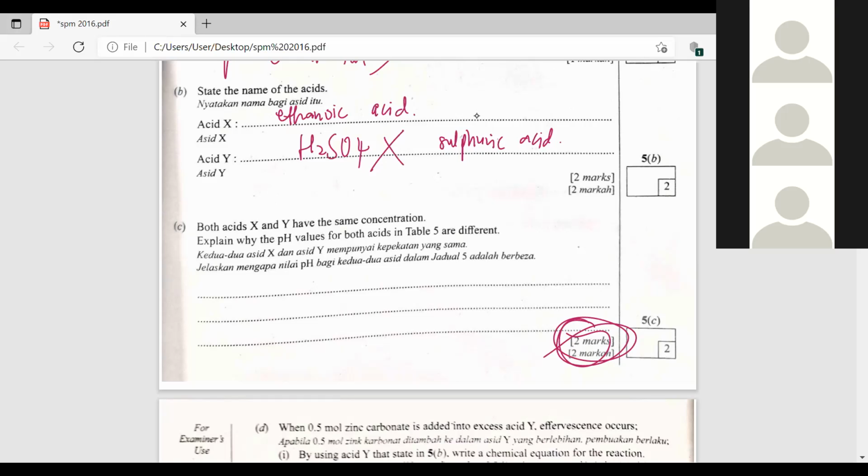You will get 0 marks if you answer like that. It must be a perfect, precise answer. If you say acid X ionizes in water to produce 1 mole of hydrogen ion per molecule, while acid Y ionizes in water to produce 2 mole of hydrogen ion per molecule.